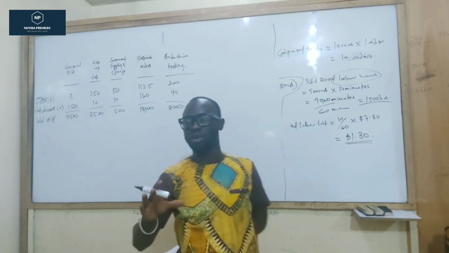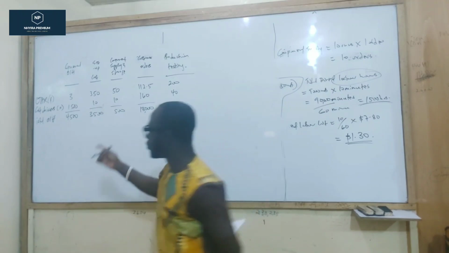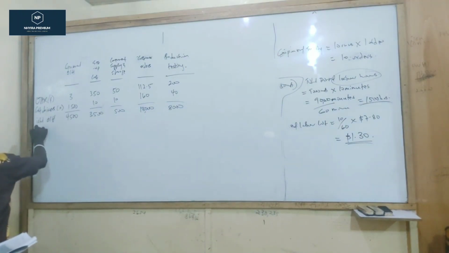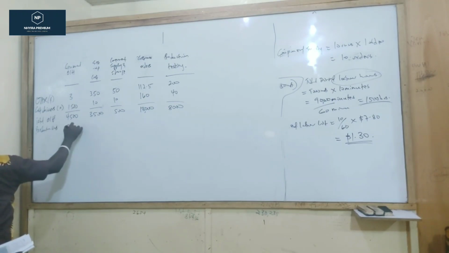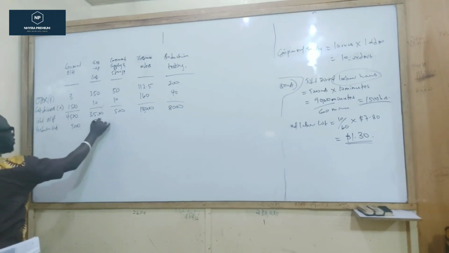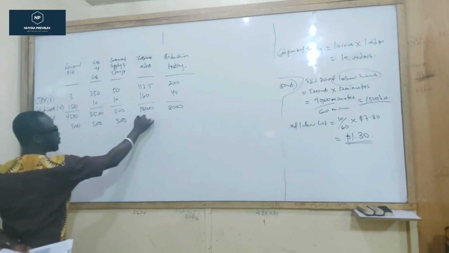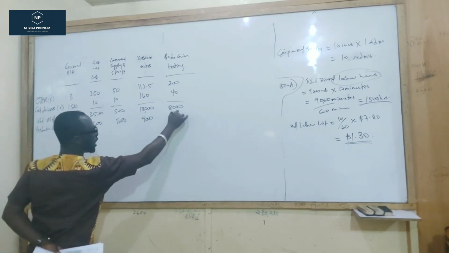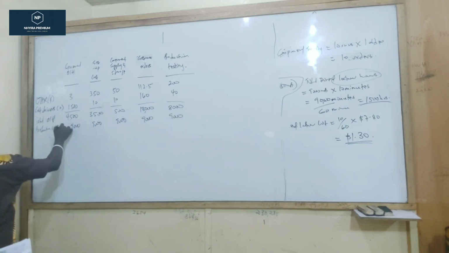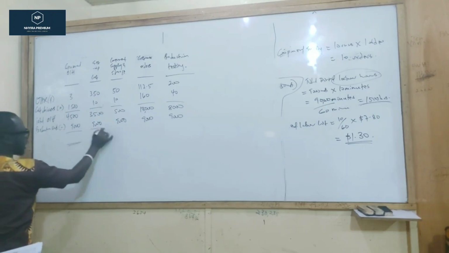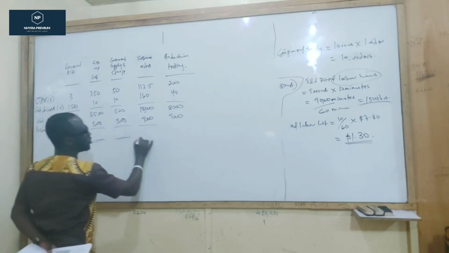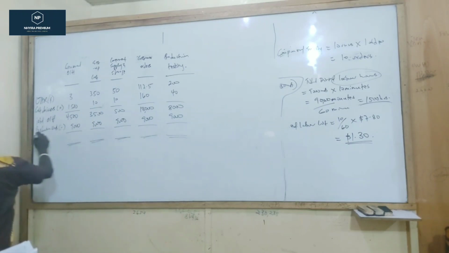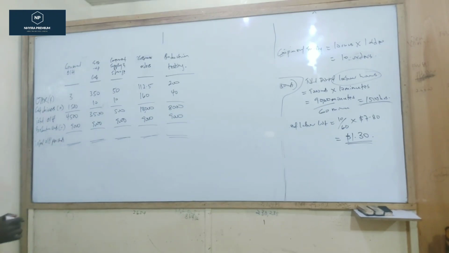But the examiner said we should calculate the cost per unit. So we're going to bring our production units. So what are our production units? 9,000. So we're going to divide all by 9,000, so that you can get the overheads per what? Units. So total overheads per unit. Can I have answers, please? 0.50.